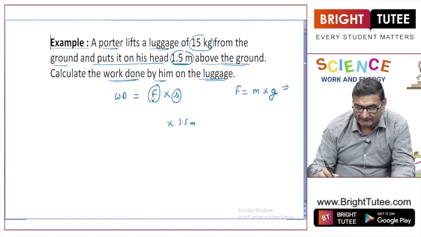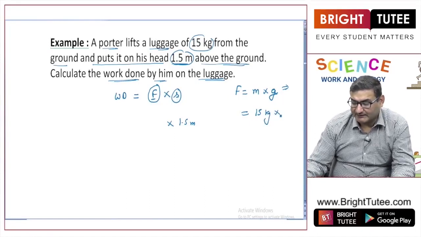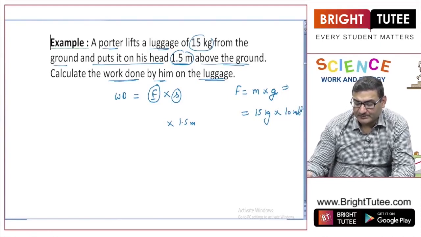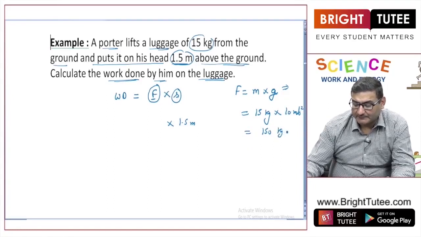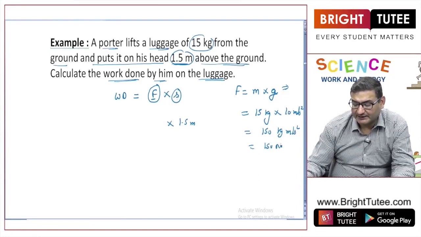So, rather than writing force, I can first calculate the value. Mass is given to me as 15 kilogram multiplied by the value of g, which I am assuming to be 10 meter per second square, right. So, this comes out to be 150 kilogram meter per second square or 150 Newton.